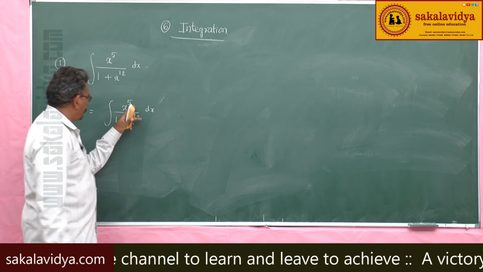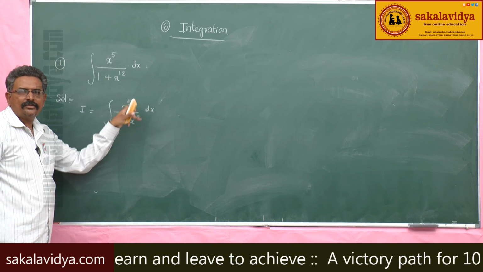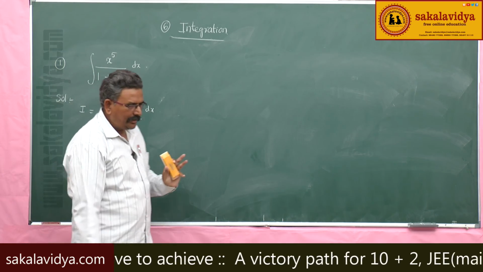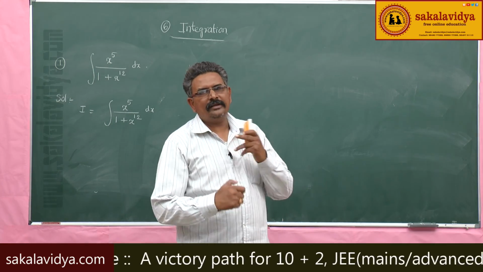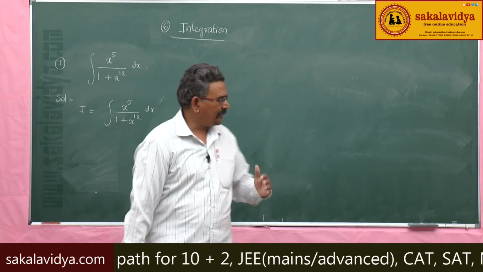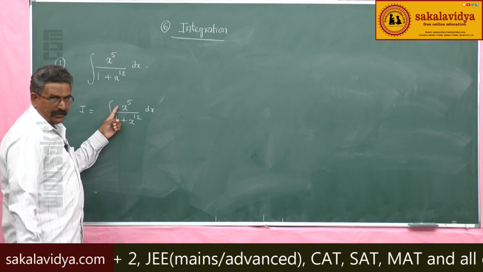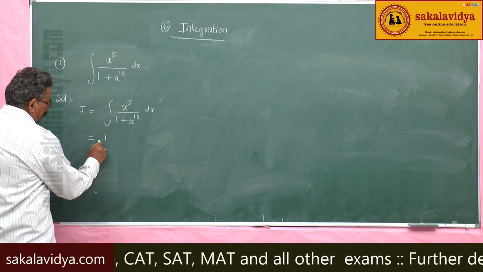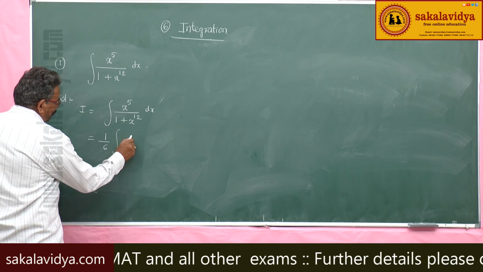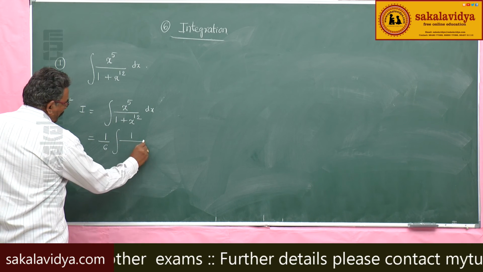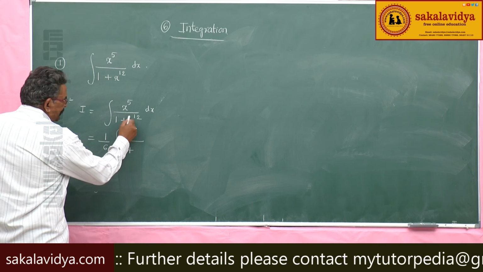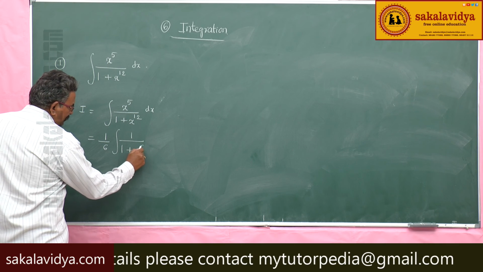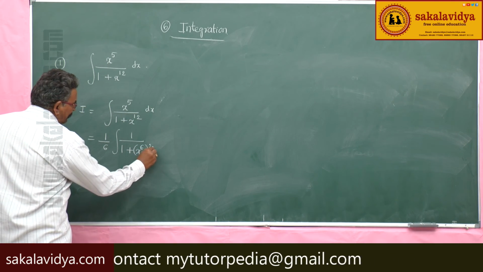Now, just check in the numerator x to the power of 5. X to the power of 5 is the derivative of whose? So, that means first of all multiply and divide by 6. So, this we can write 1 by 6 times integral of 1 by 1 plus this x to the power of 12, we can write x to the power of 6 whole square.